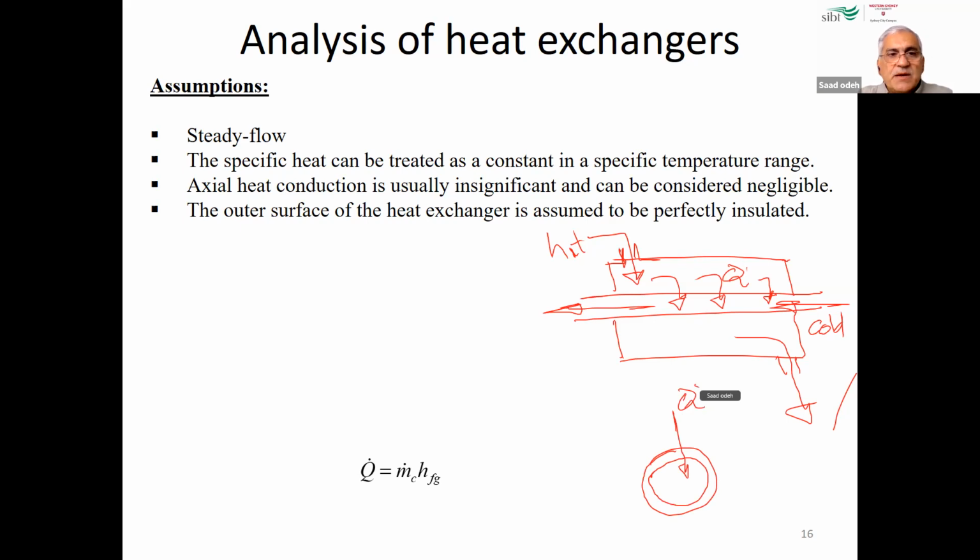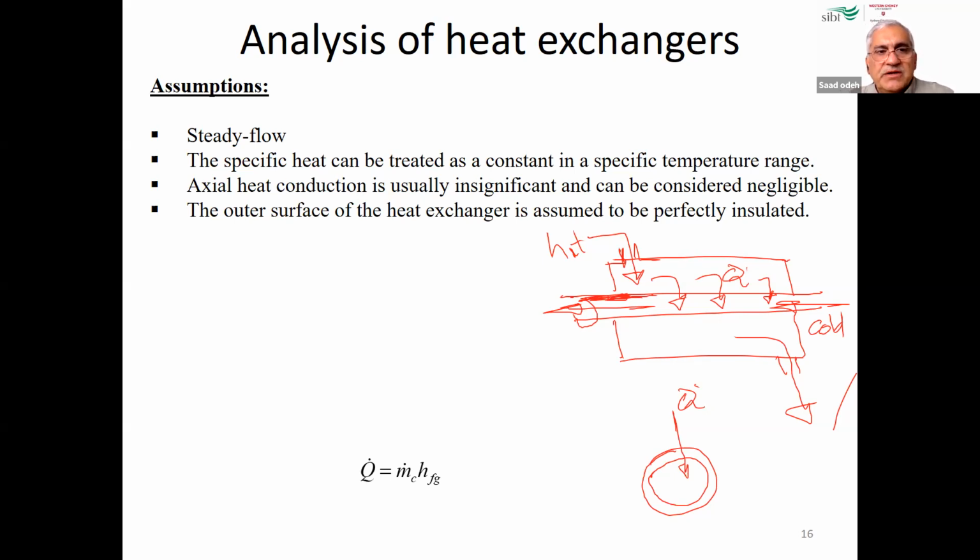And in our assumption here, we say axial heat conduction is insignificant. What do we mean by this? We say that the heat transfer along the tube to the outer side is negligible compared with the heat normal to the surface. Okay, so this is another assumption that we take in our analysis.